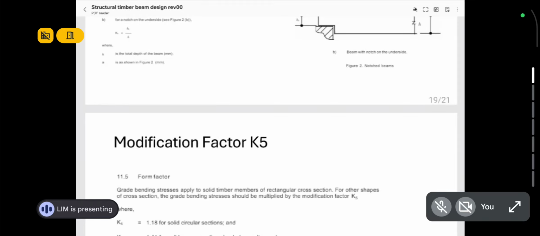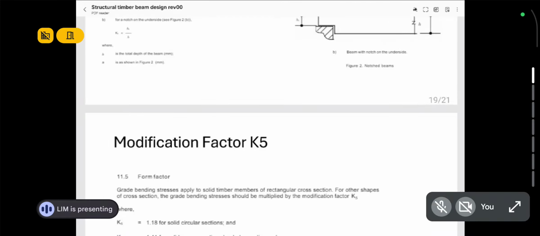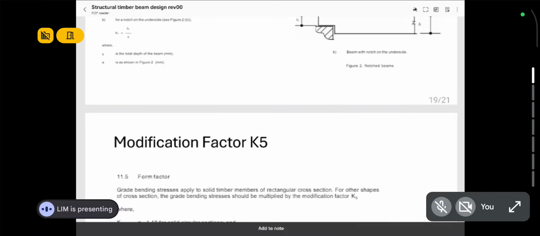I will share the slides with you now. Okay, I've shared the slides with you. Tomorrow we will have a physical class where we will go through an example or two for timber design.